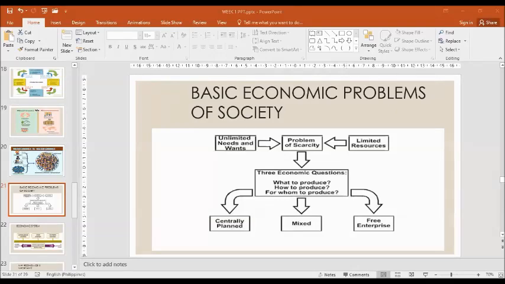So if the resources are unlimited, there will be no problem in the economy, or the economic problem would probably not arise. So there are four basic problems of the economy.